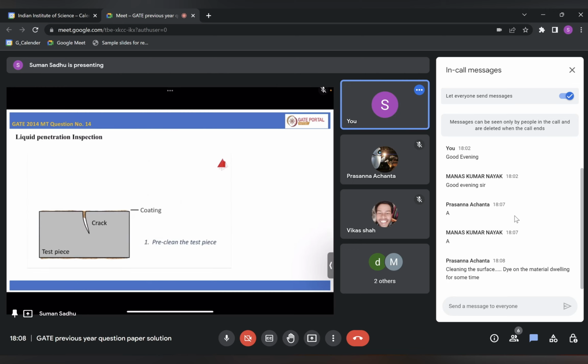Let's say this is a sample, and you have an external crack in the surface layer. First you have to clean the top surface, and then you apply some dye or penetrant. This is a liquid, so because of the capillary action, it will penetrate into the crack.